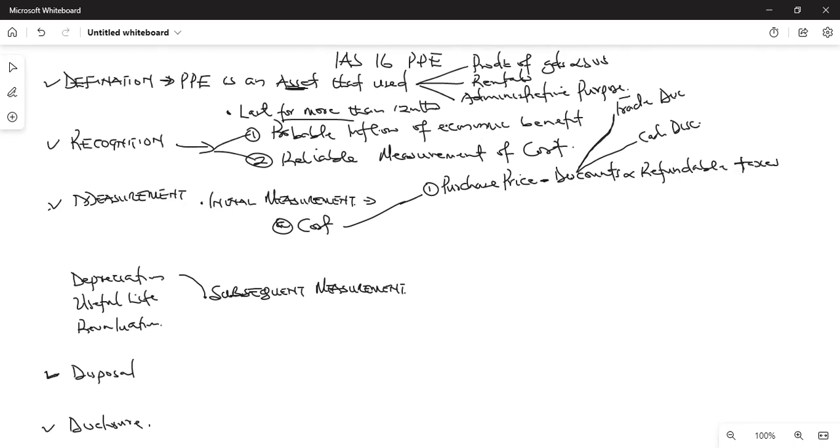Yes. Cash discount is when you pay earlier, early settlement. And the trade discount is given at the point of you buying the asset, at the point of purchase. Yeah. So which of these 2 discounts do you think relates to what we say?